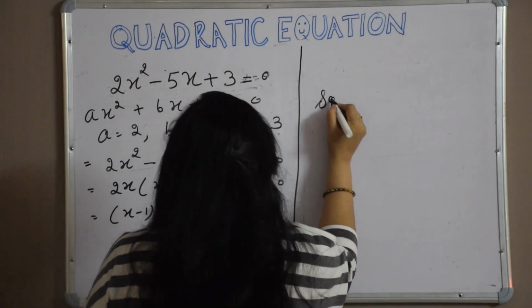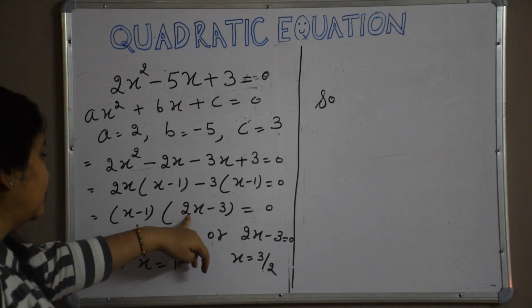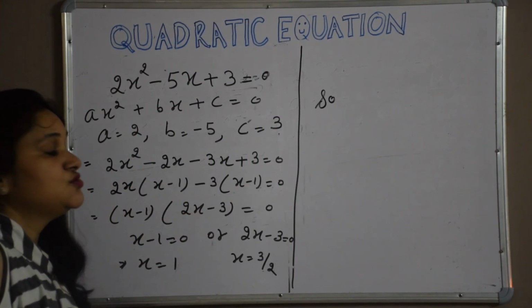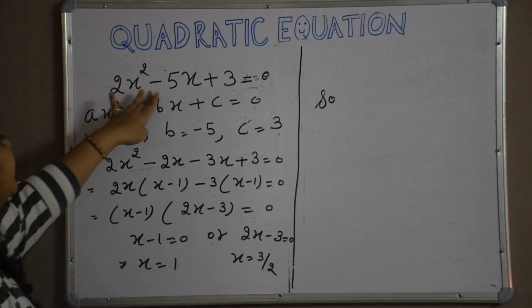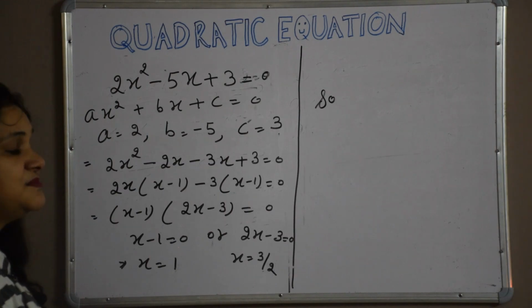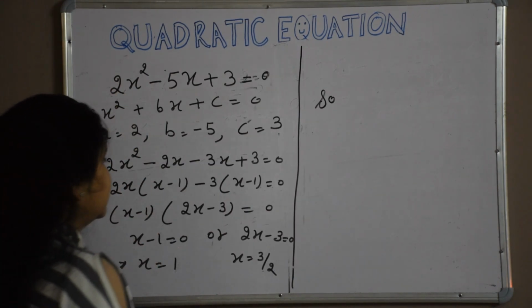You can see the equation was converted into two factors, that's why it is called factorization. They can ask to find the roots of the given equation by the factorization method or by splitting the middle term. In both cases you have to proceed like this.